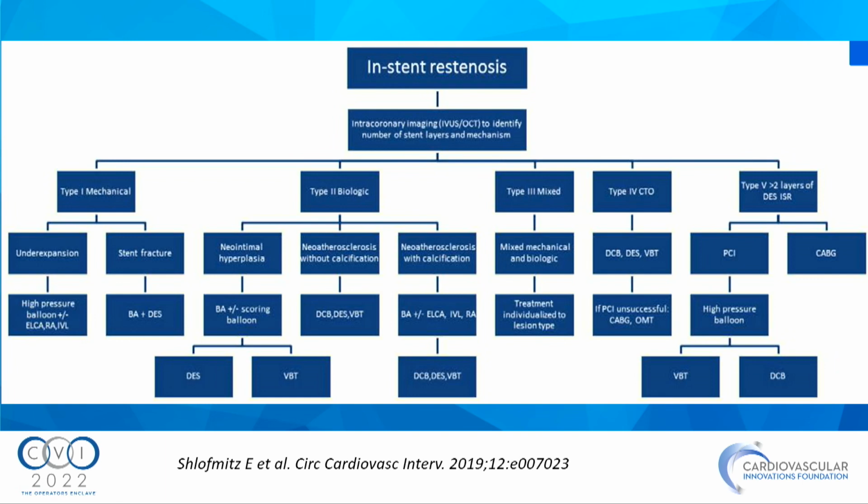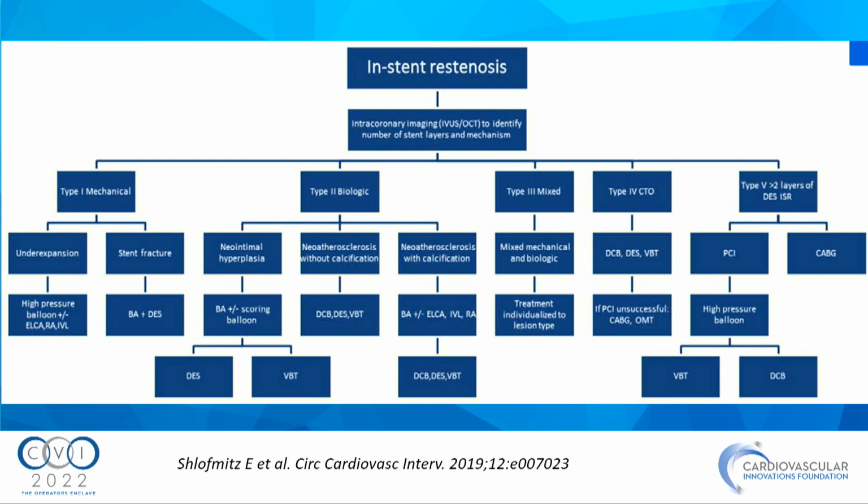If the patient does not have an indication for bypass, the management of in-stent restenosis is mainly determined by the mechanism of underlying in-stent restenosis. And to evaluate that mechanism, you need to have intracoronary imaging. And there, as per the Waxman classification, there are 5 types of in-stent restenosis, with type 1 being the mechanical failure secondary to either a stent under expansion or a stent fracture.